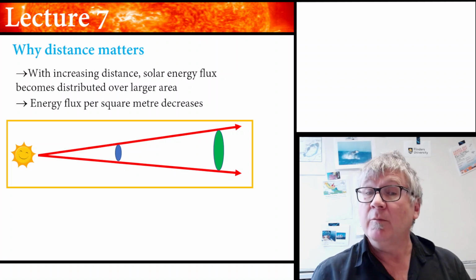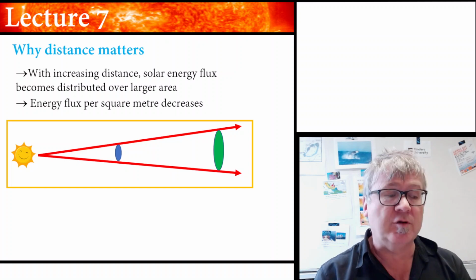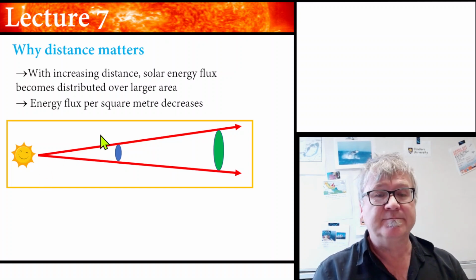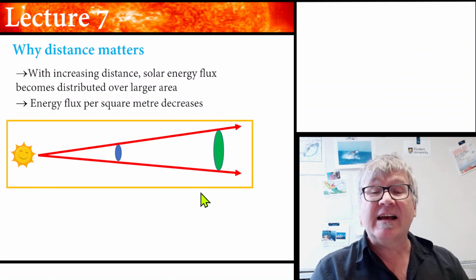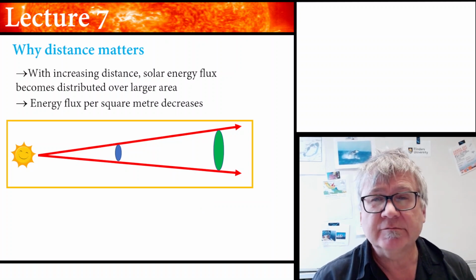Okay? With increasing distance, the solar energy flux becomes distributed over a larger area, and this is just illustrated here. So the energy flux per square meter decreases.